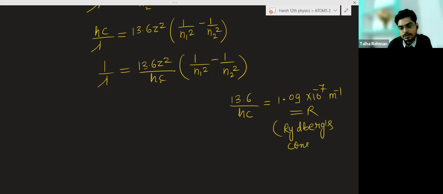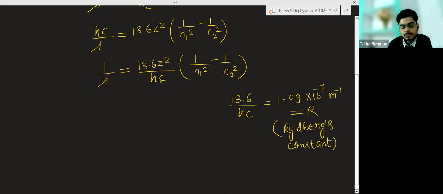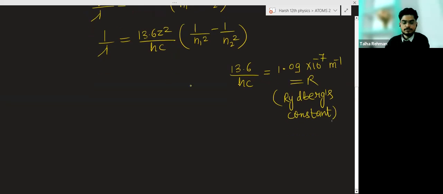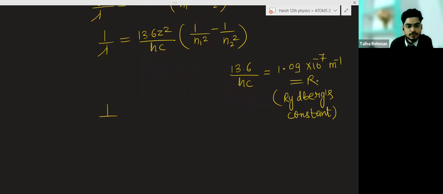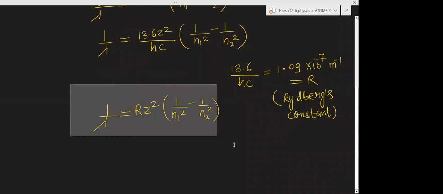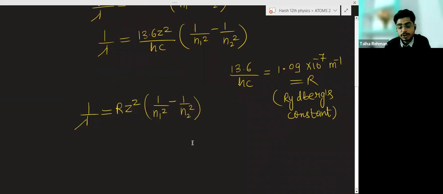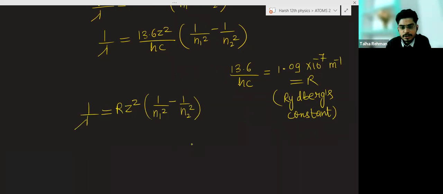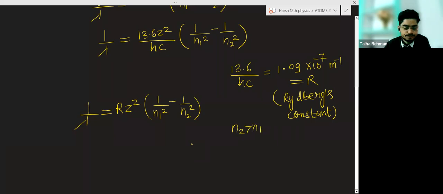So instead of 13.6 by hc, you can write R. So the formula for 1 by lambda is R Z square times 1 upon N1 square minus 1 upon N2 square, where the electron is moving from the N2 energy level to the N1 energy level, and N2 is greater than N1.